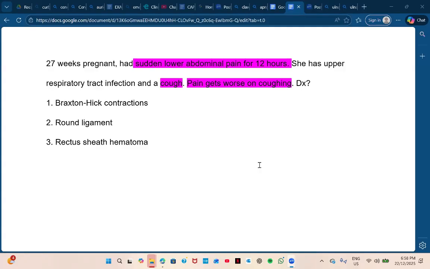What do you think? Type your answers in the chat. These are the keywords I have highlighted. What do you think?